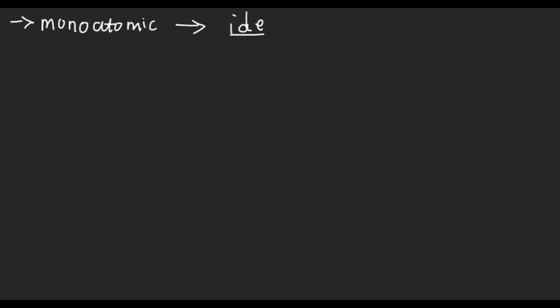So this is the suffix we are going to take into consideration, like sulfide, chloride, nitride, carbide. So whenever you see IDE, it means that you are dealing with a monatomic ion. Then for polyatomic ions, we have different names. We'll look at that later.